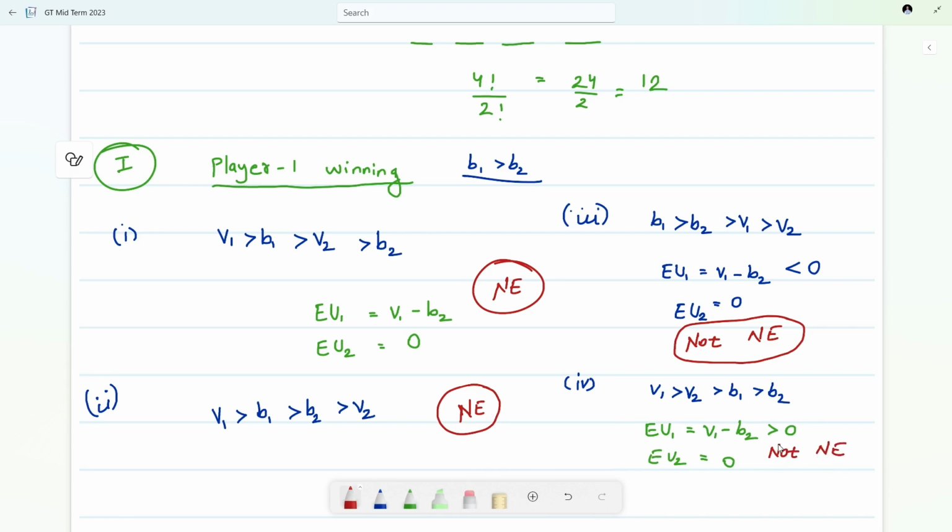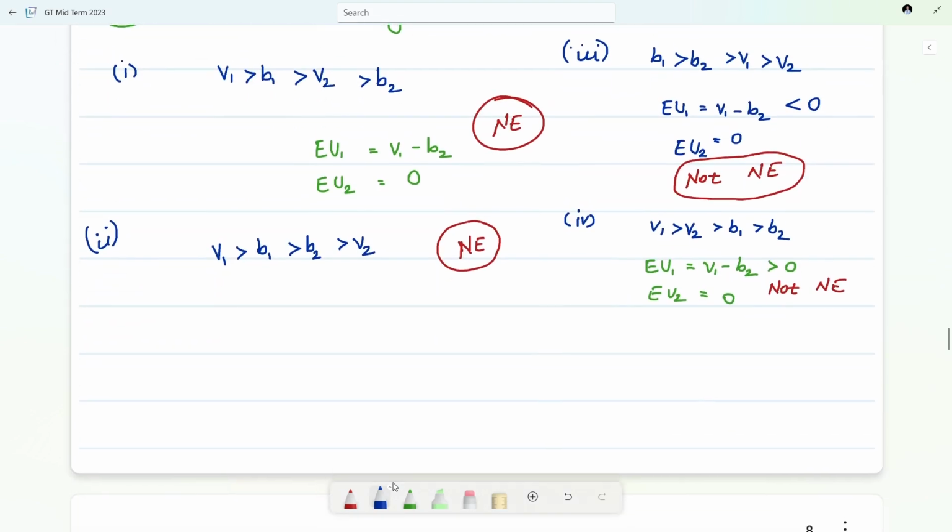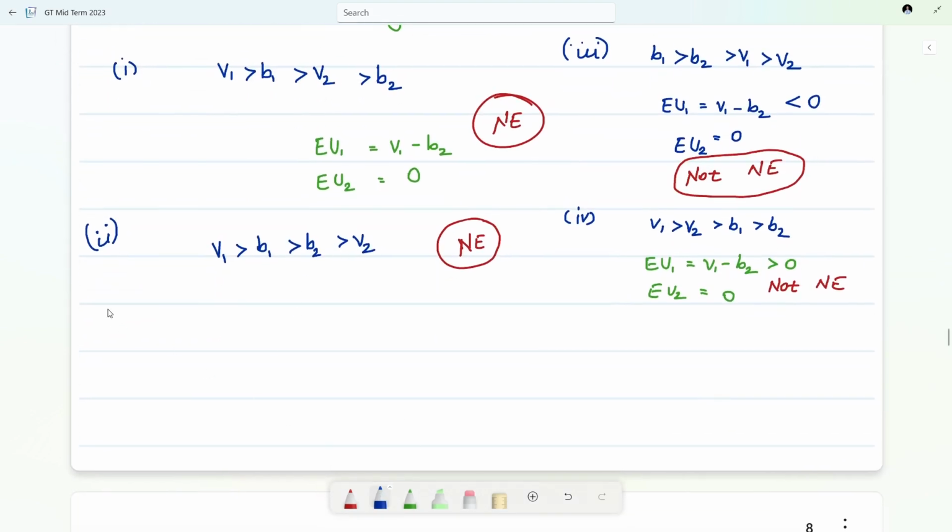Okay. Now, consider another case. So, case number 5. B1 is greater than V1 is greater than B2 is greater than V2. Okay. So, again, player 1 is winning.